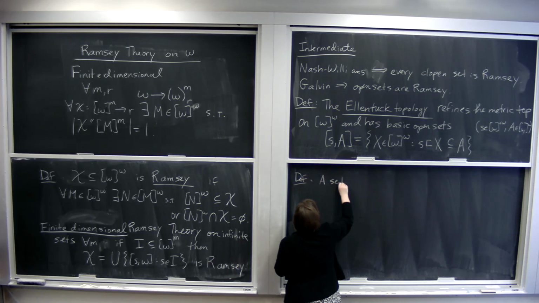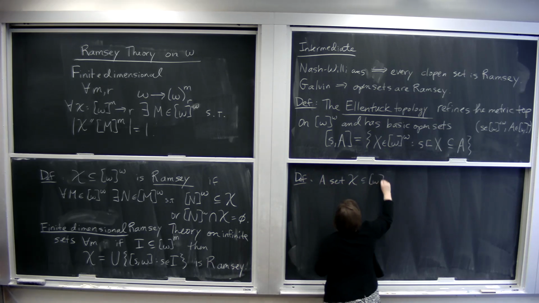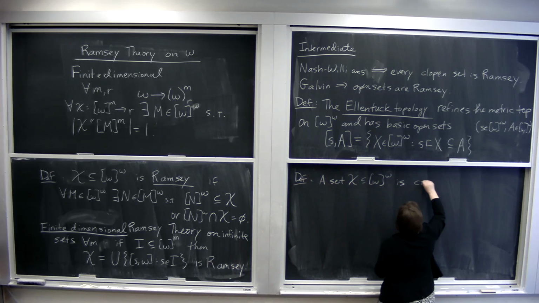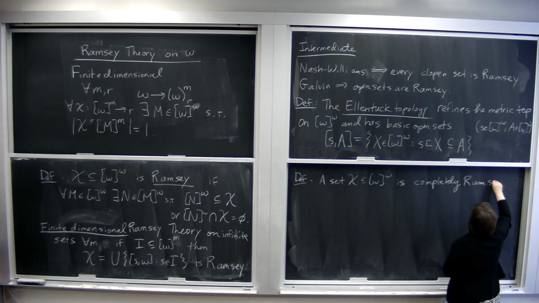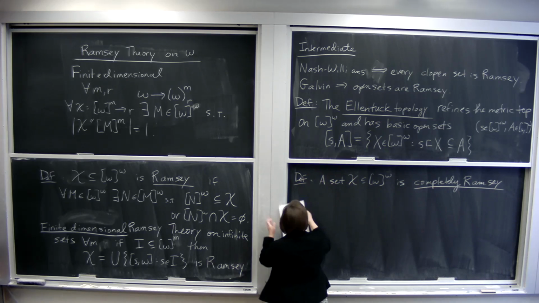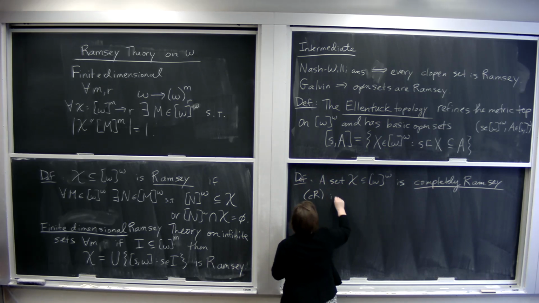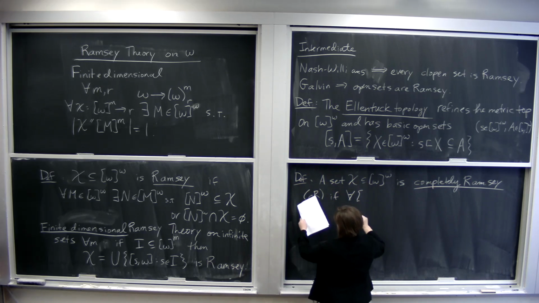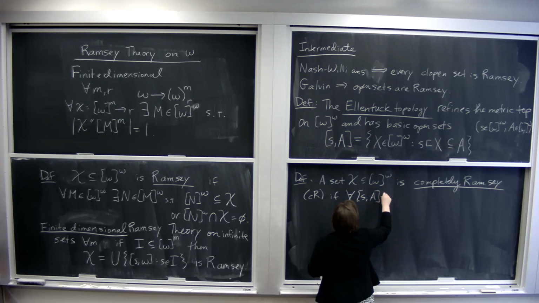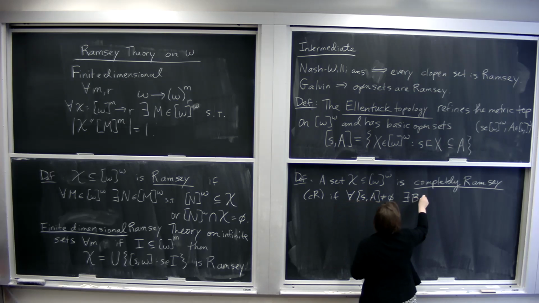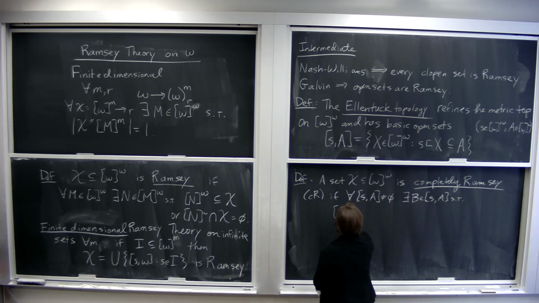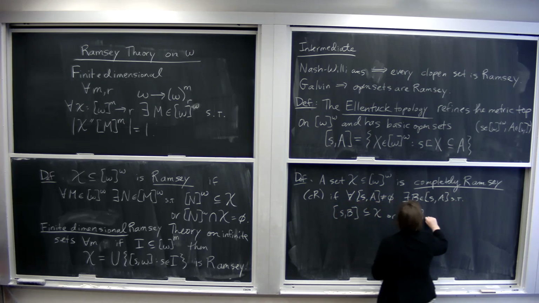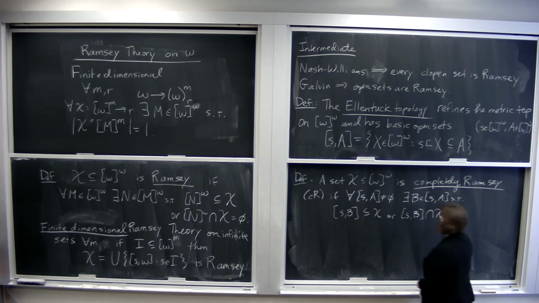So one more definition. A set X is now going to be called completely Ramsey, which we'll write CR, if for every non-empty basic open set S A, there is some B in there such that S B is either contained in X or S B is disjoint from X. Okay.